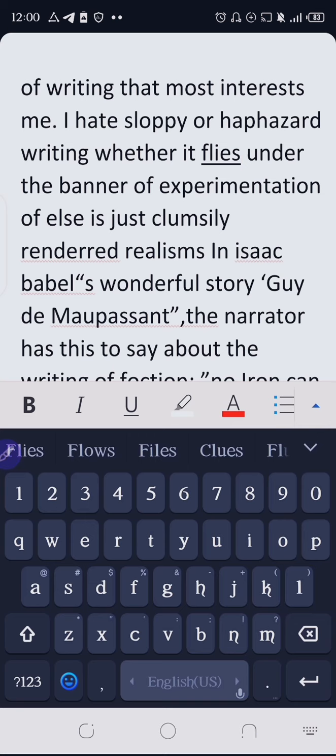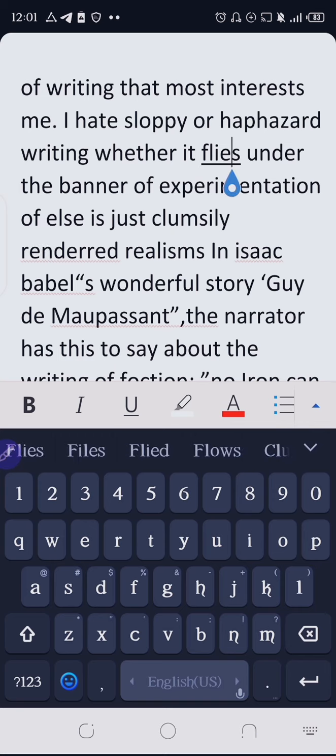Under the banner of experimentation of else is just clumsily rendered realisms. No, you can see that it doesn't make sense, of else. So here we must be having a contrast between two ideas. Whether it flies under, and whether here is signifying that this word should be or.